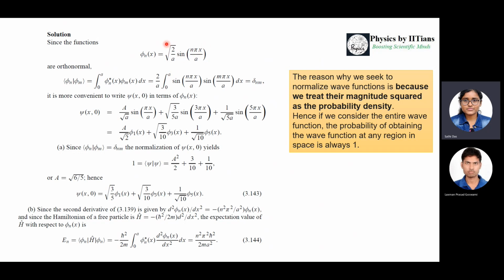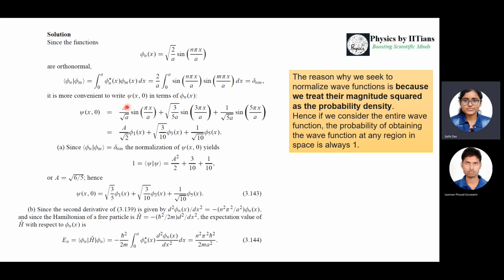So 2 by a is a constant and goes outside the integration, with limits from 0 to a. The integral of sine(n pi x by a) sine(m pi x by a) dx should give delta_mn, the Kronecker delta function. When m equals n it is 1, otherwise it is 0.